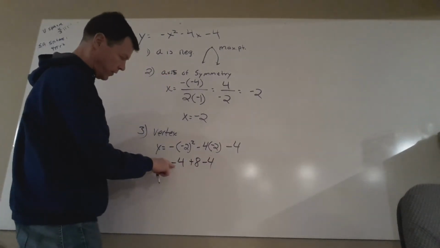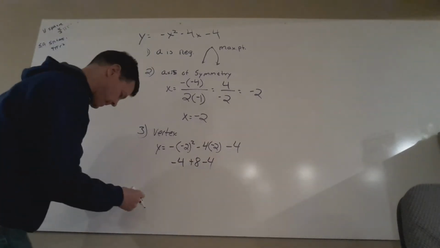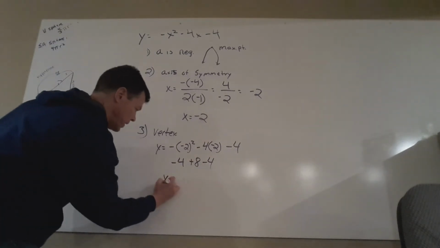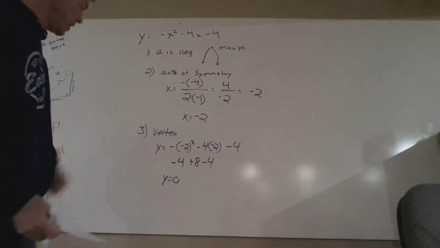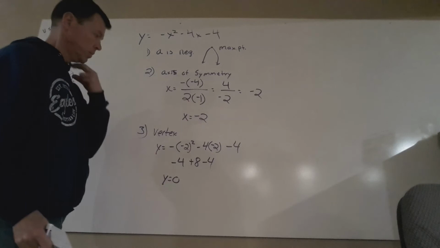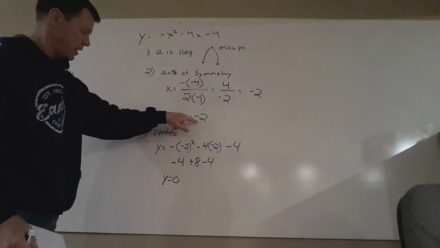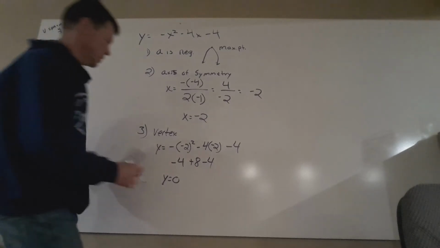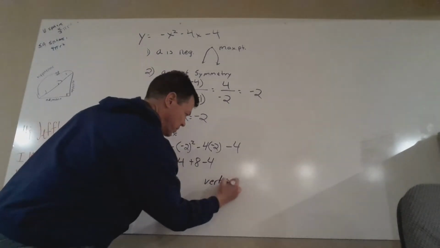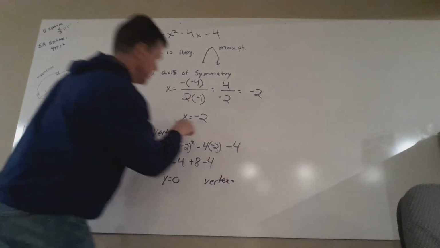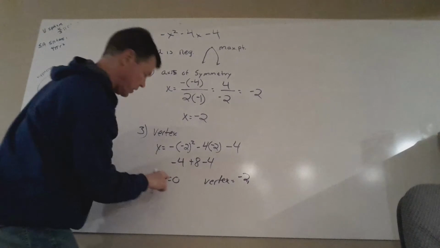So negative 4 plus 8 minus 4 simplifies to y equals 0. So at our vertex, then it's going to be negative 2, 0. Vertex, x-coordinate is negative 2, y-coordinate is 0.